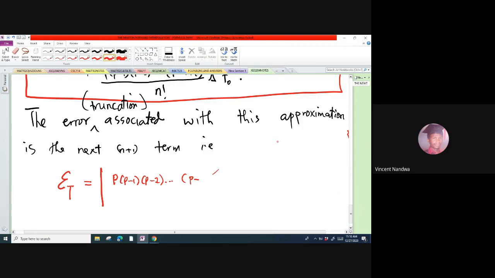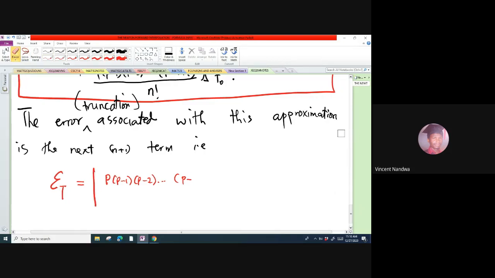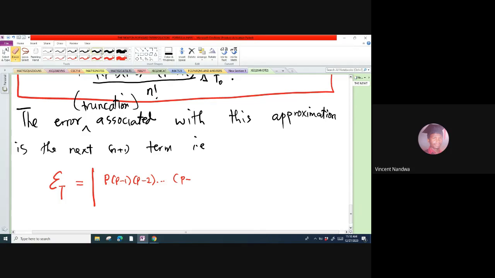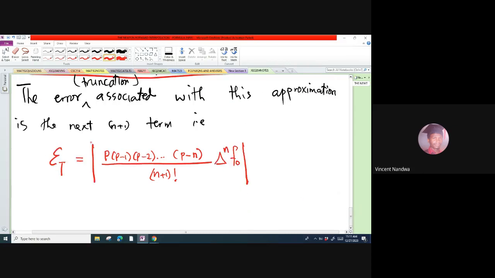So remember, n plus 1 is the last one, so then p minus n is the last term here, over n plus 1 factorial and the derivative of f naught. So this is the approximate value of the truncation error.